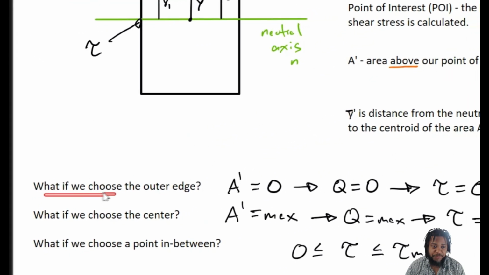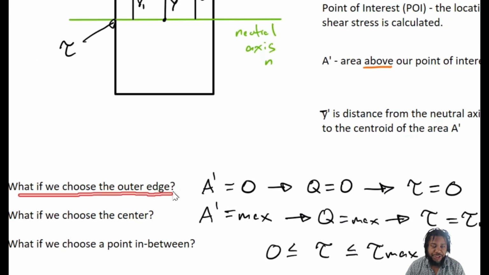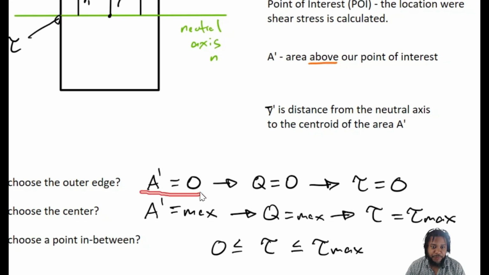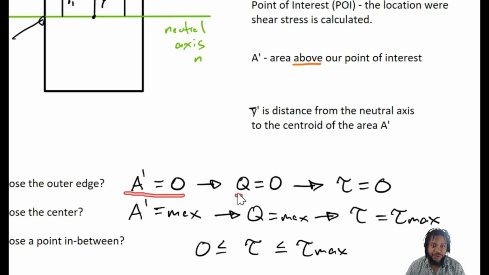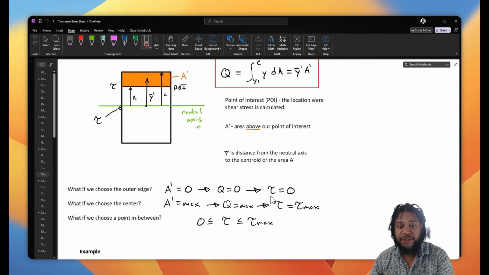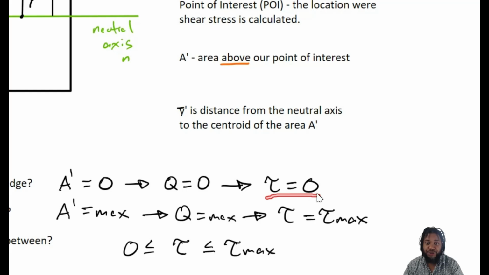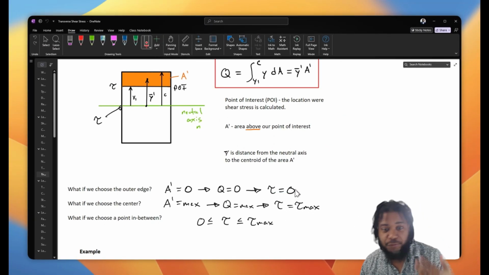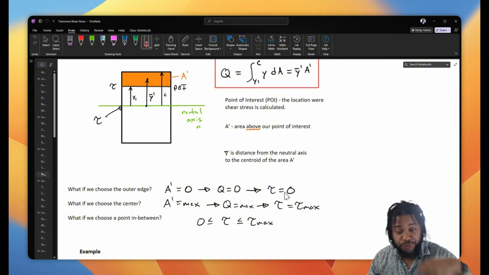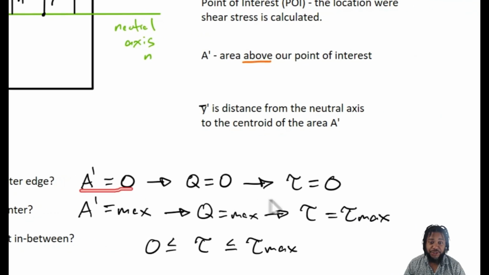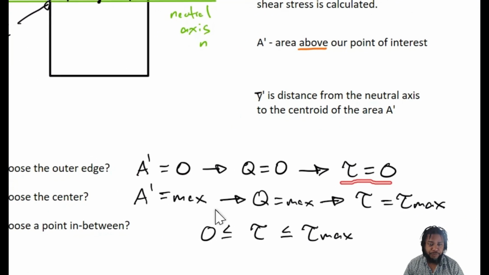For example, if we choose the outer edge of our geometry, then the area above that edge is zero. The Q value ends up being zero, and since Q is in the numerator for tau, our transverse shear stress is equal to zero. So if we're on the top edge or the bottom edge, where there is no area above our point of interest, shear stress is equal to zero.